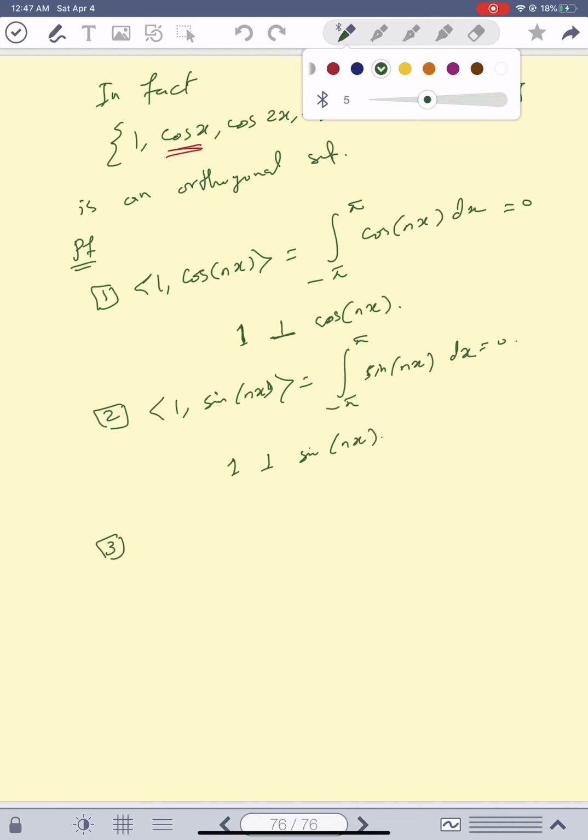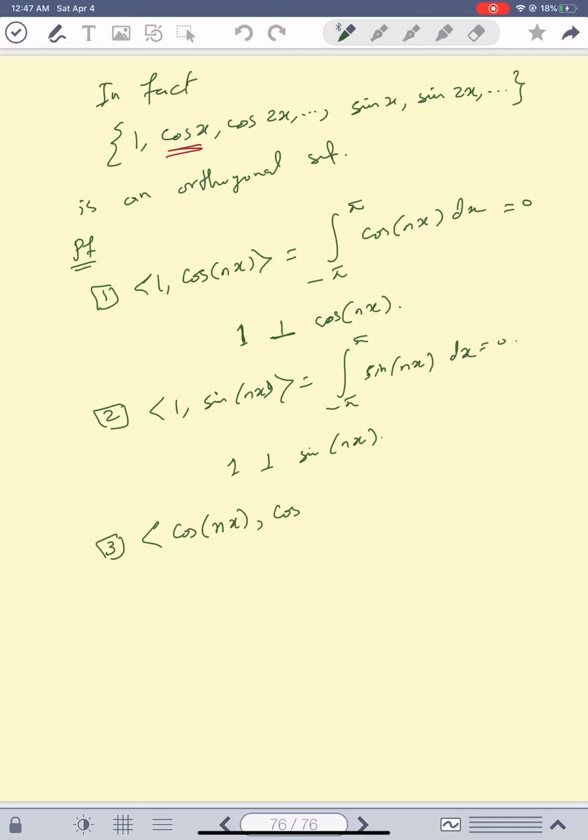In general, if you take cosine nx and you want to test it with cosine mx, of course, with n not equal to m, because when n is equal to m, they're not orthogonal. Orthogonality means two different objects are orthogonal to each other, not the same object with itself.